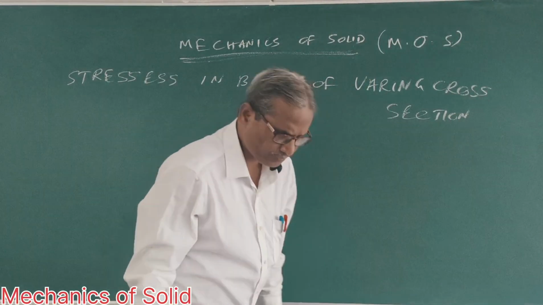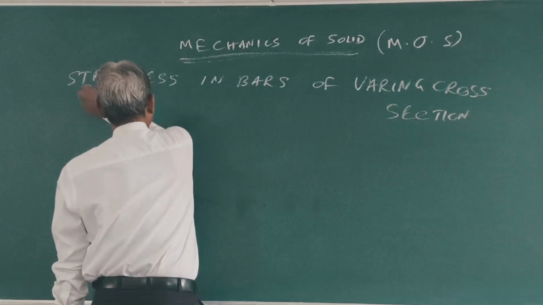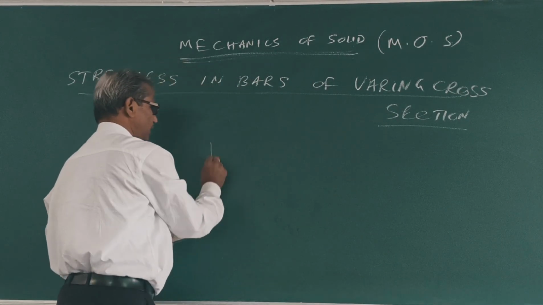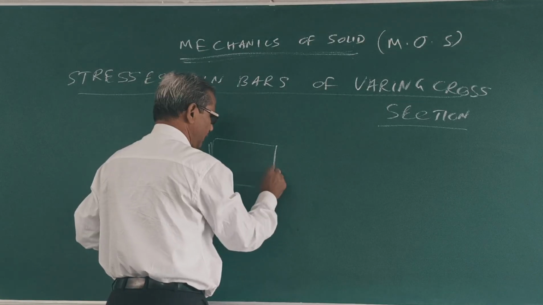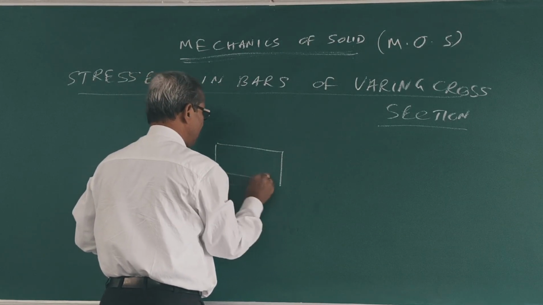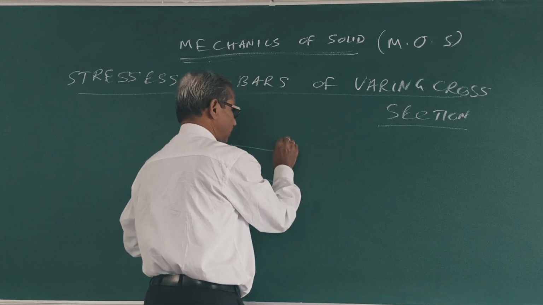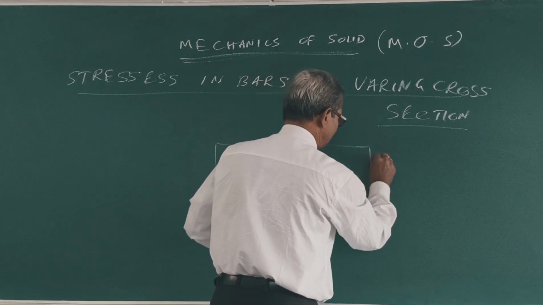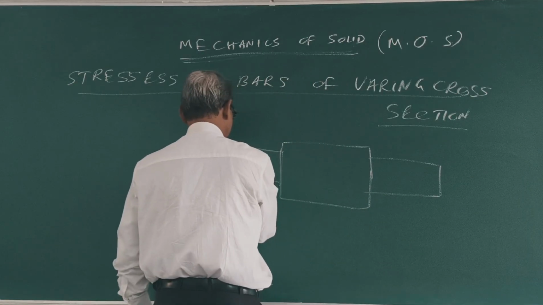Suppose this is a bar. This has different cross sections. This is section 1. This is section 2. This is section 3. Clear?